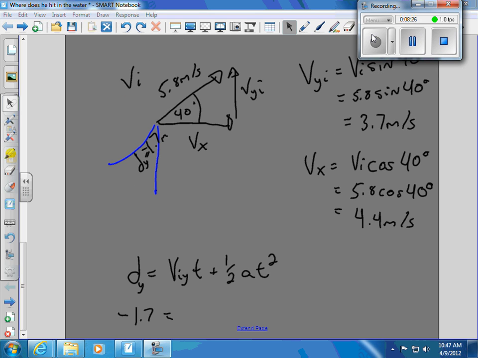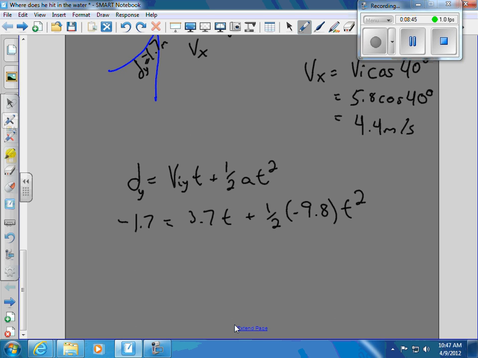So our velocity initial is 3.7 positive because he's going up, plus 1/2 negative 9.8, which is our gravity, and t squared. Negative 1.7 equals 3.7 t minus 4.9 t squared.